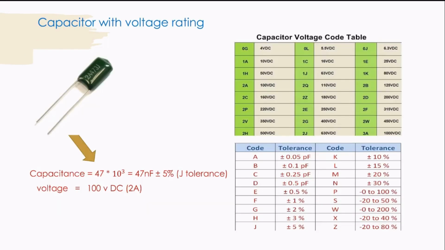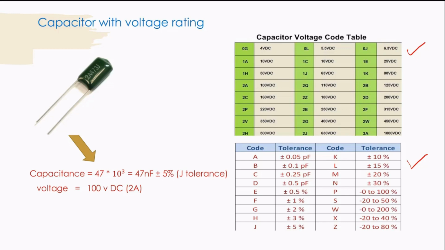Next is capacitor with voltage rating. Now if you see here, this is the table for representing the capacitor voltage code and this is a table for representing the different letter codes and different tolerances for the codes. Now the example is 2A473J.